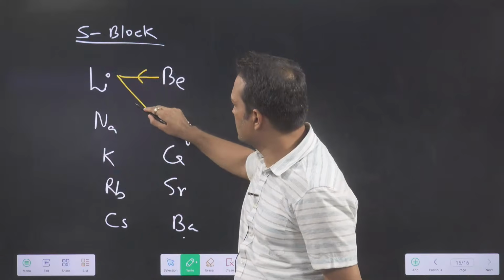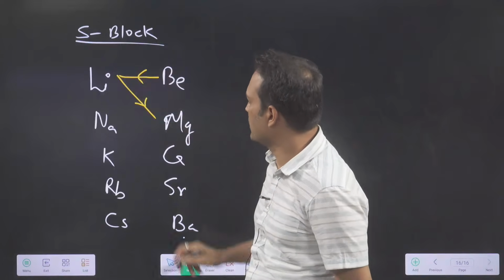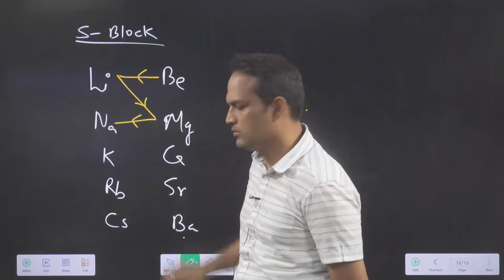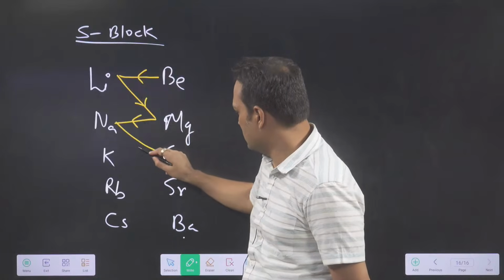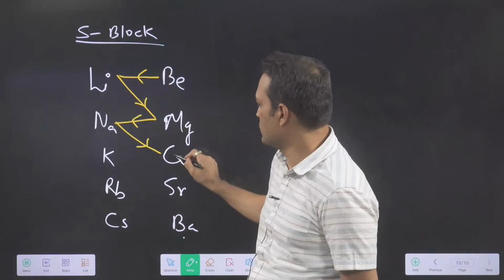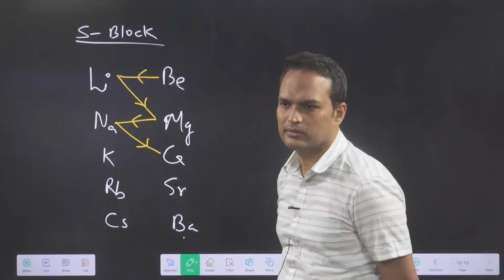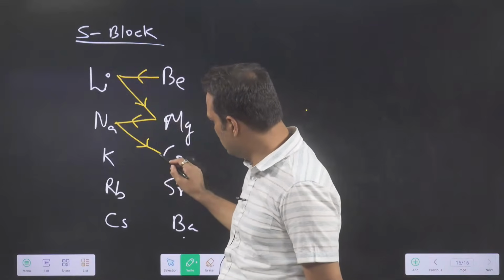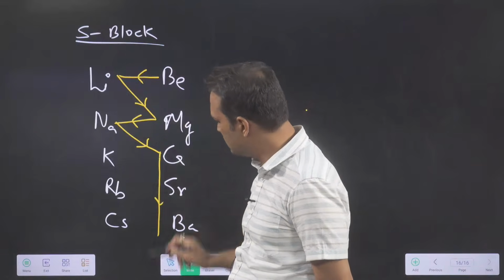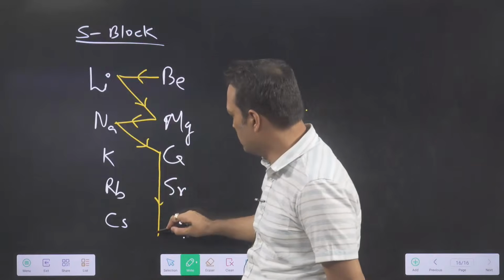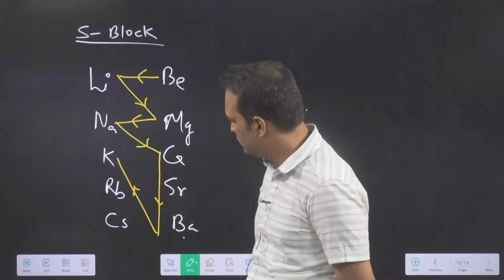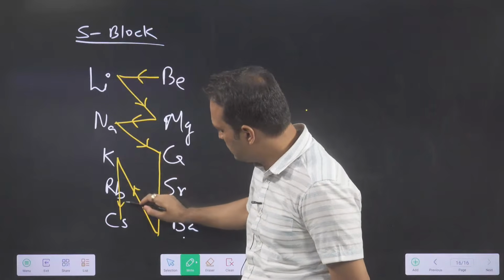Then go like this. Generally diagonal elements are bigger. Then again go like this, and again like this. Again you can see, generally diagonal elements are bigger. Then go like this, then like this, then do like this. Ho gaya, khatam.